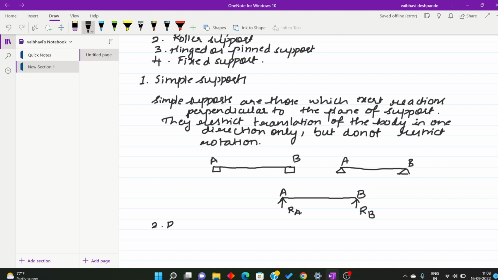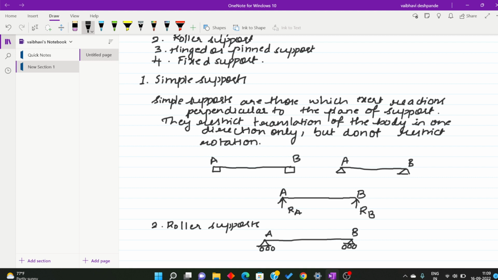Then second one, roller supports. What are roller supports? They are represented like this. Suppose this is A and B. Roller supports are those which exert reactions perpendicular to the plane of the support, and they restrict the translation of the body along one direction only, but rotation is allowed.